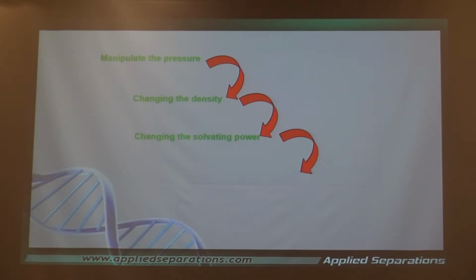We do that by changing the solvating power, by changing the solvent. It would be nice if we could change the solvating power by changing the density, like we just said. This gives us an ability to change the dissolving compounds, allowing us to fractionate, to separate.